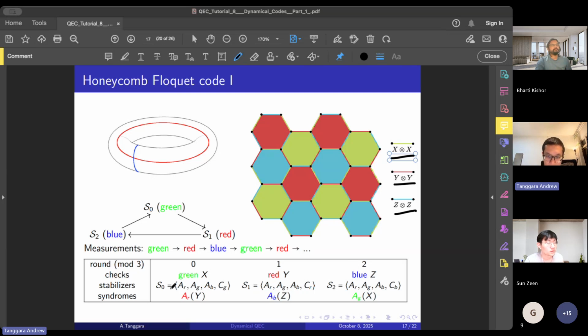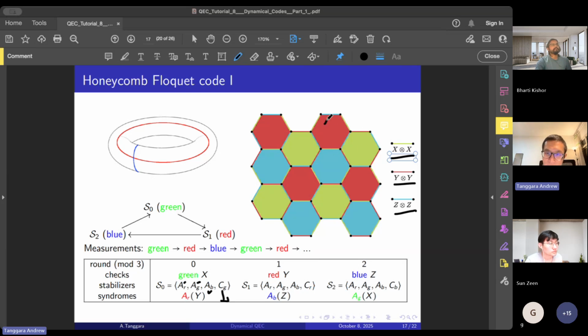And these stabilizer groups are gonna be generated by this. So this CG are the green checks. This AB are the blue plaquettes. This AG are the green ones, and AR are the red ones, right?